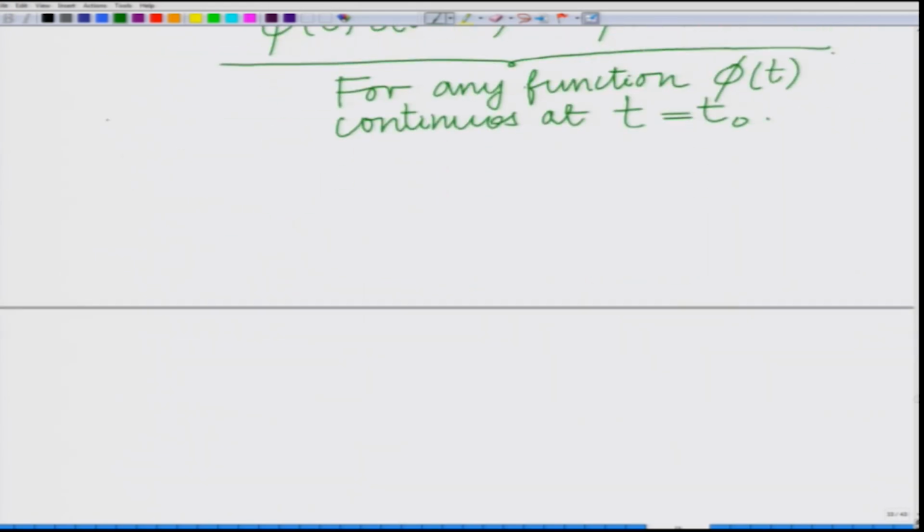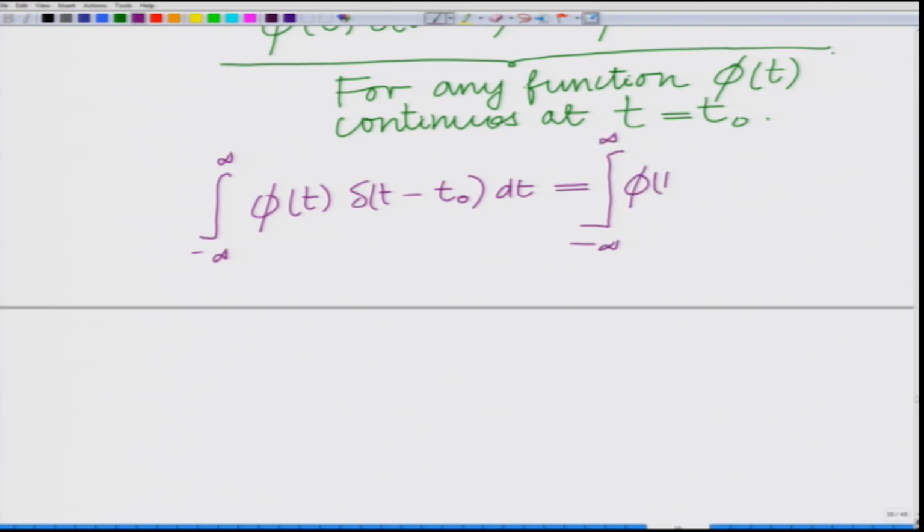Further, if I integrate this, that is, the integral from minus infinity to infinity of phi of t delta t minus t naught dt, this is naturally the integral of phi of t naught delta t minus t naught dt, which is phi of t naught.